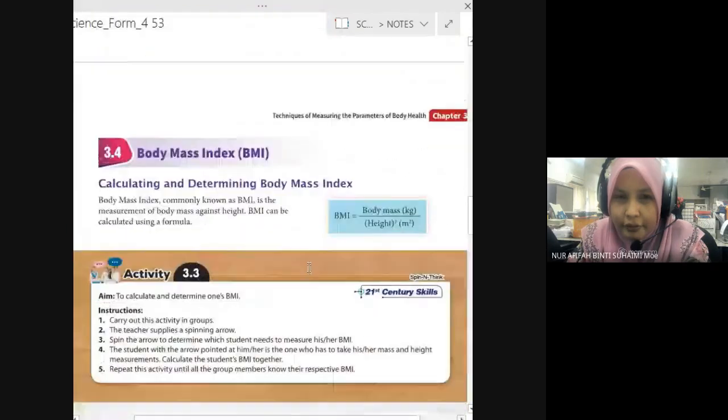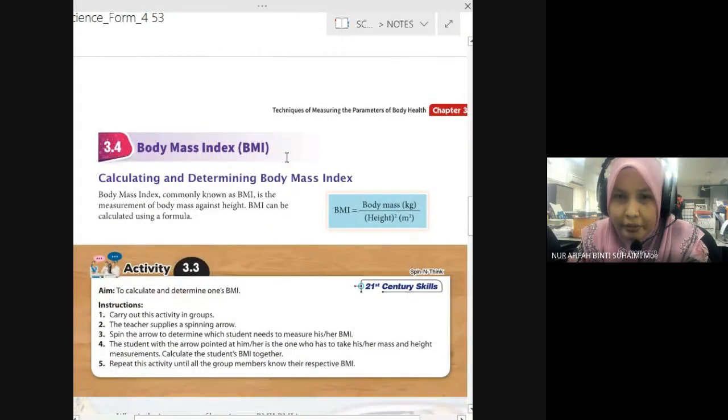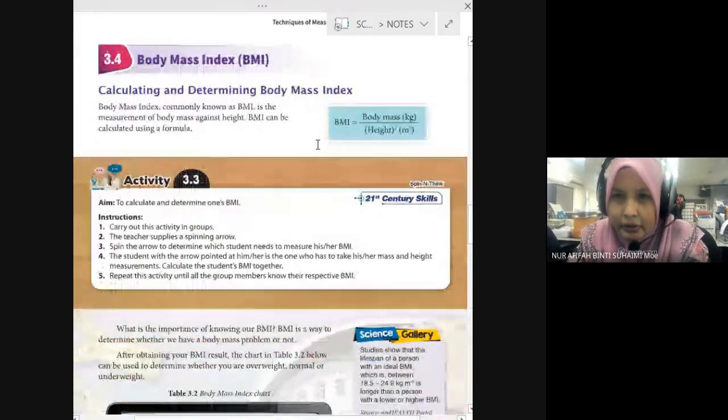For 3.4, body mass index or BMI, you need to know the definition also. What is the definition for BMI or body mass index? Body mass index is the measurement of body mass against height.